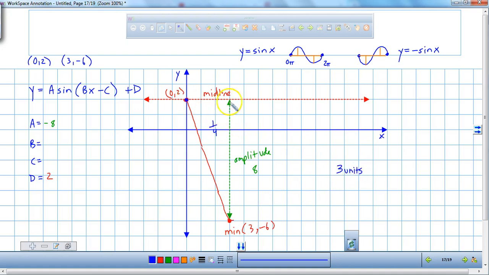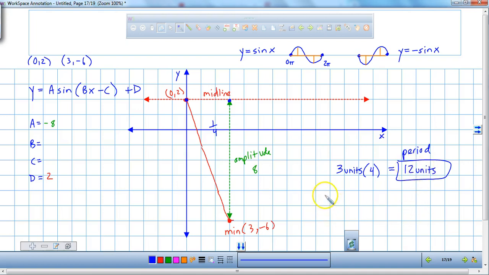Being that from 0 to 3 we're only a quarter of the way there, we're going to multiply that by 4, and so our period is going to be 12 units. That's how you would find the period of the graph. So this is going to go 12 units before it finally finishes. We'll show you in Desmos once we get to finish it. We'll type it in. You'll see how it finishes at 12 units.